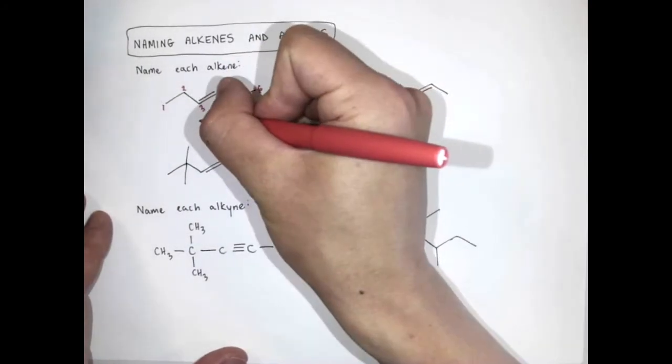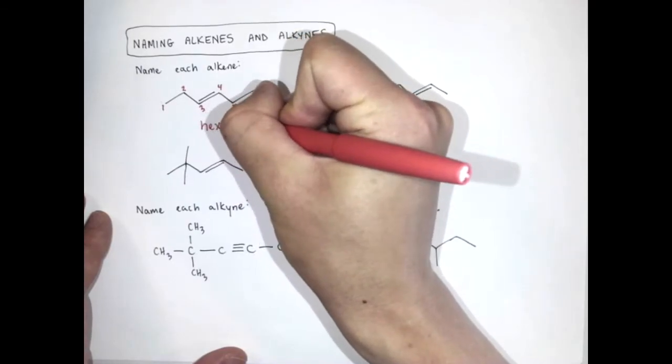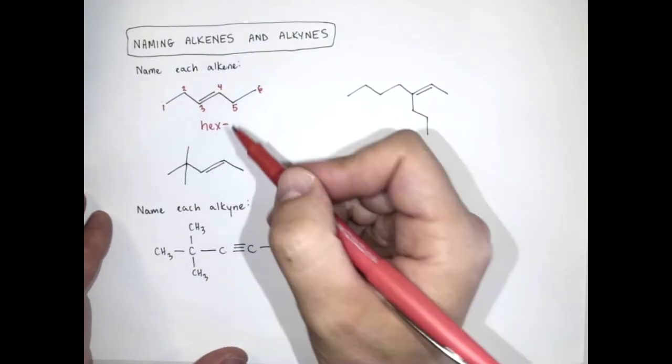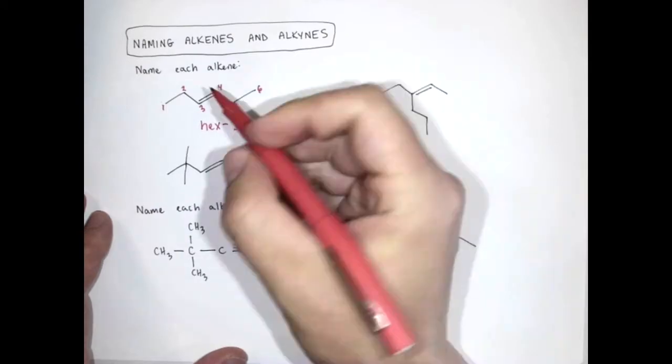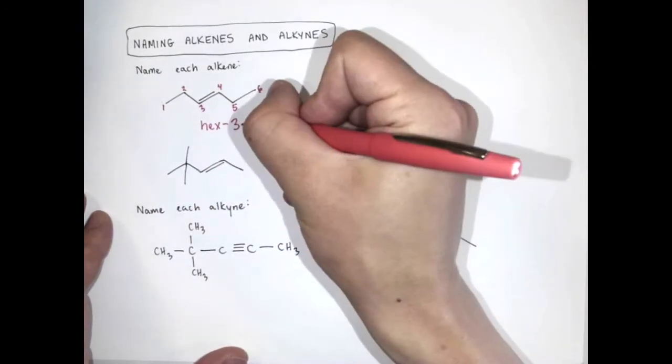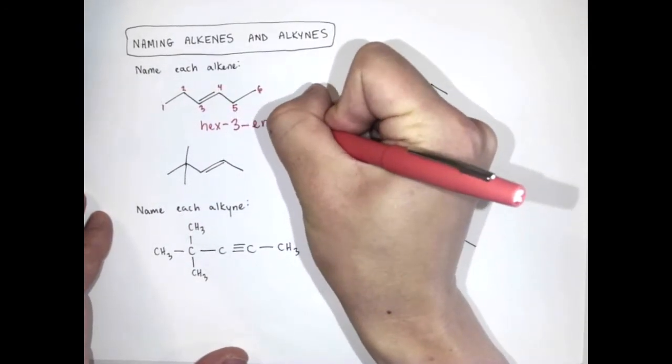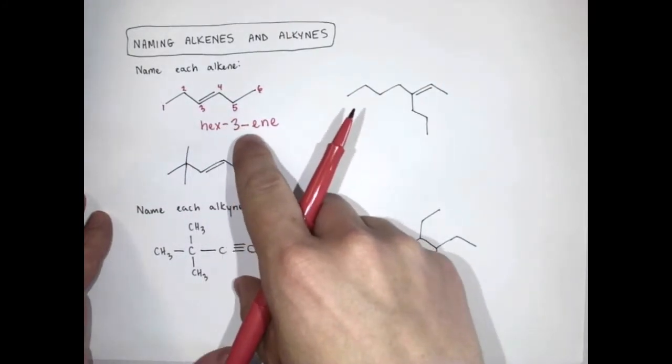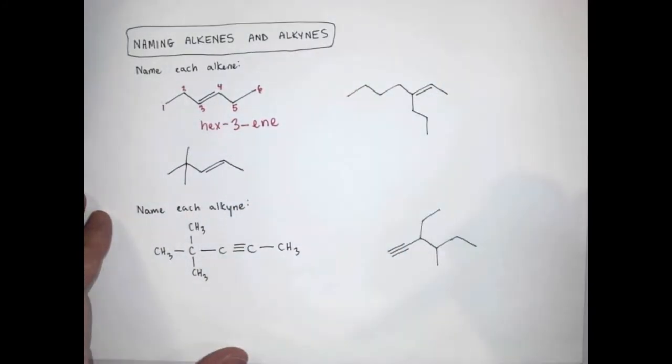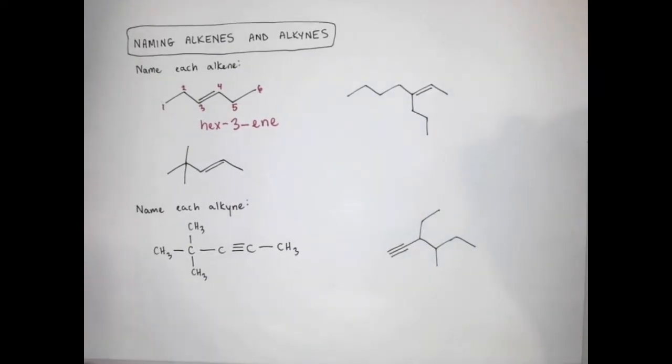So the name of this alkene is hex for 6 carbons, 3 because the double bond starts at carbon 3. The suffix is -ene because it's a double bond. It has a double bond, so therefore it's an alkene. And that's it. Let's move on and do the top right alkene.